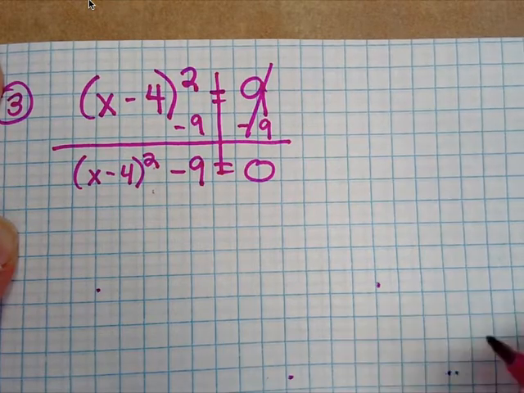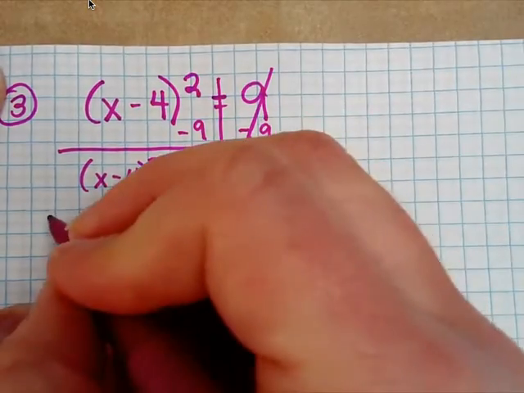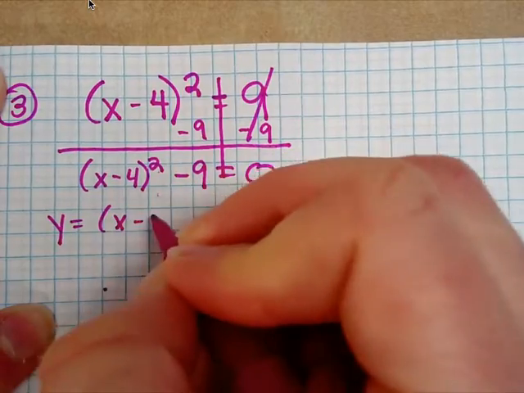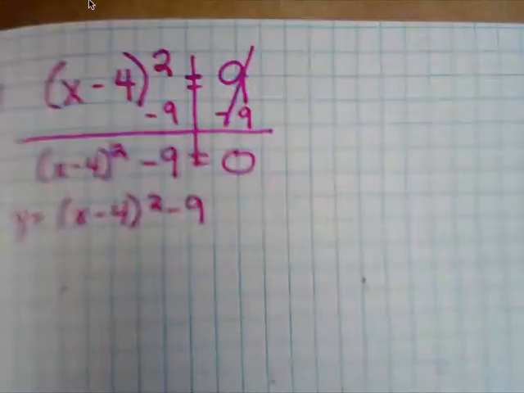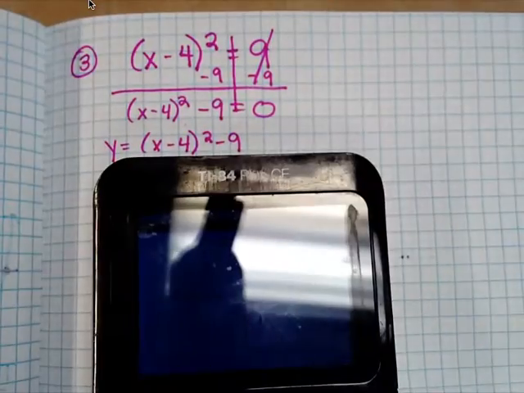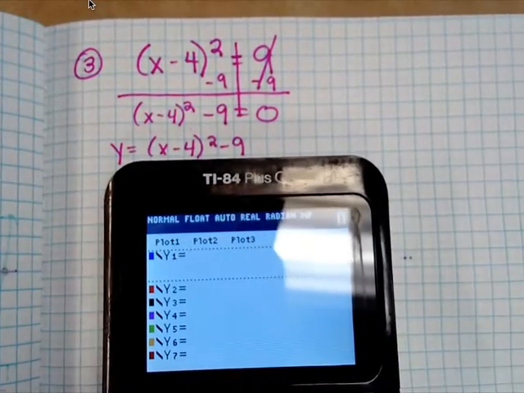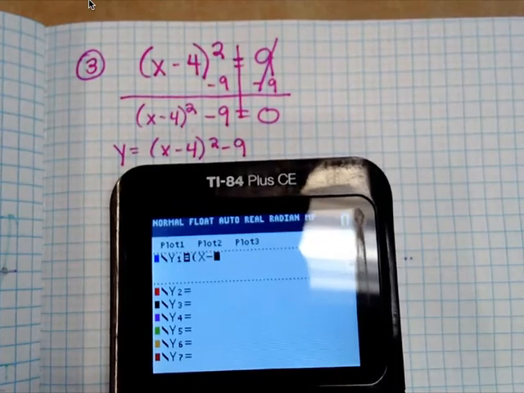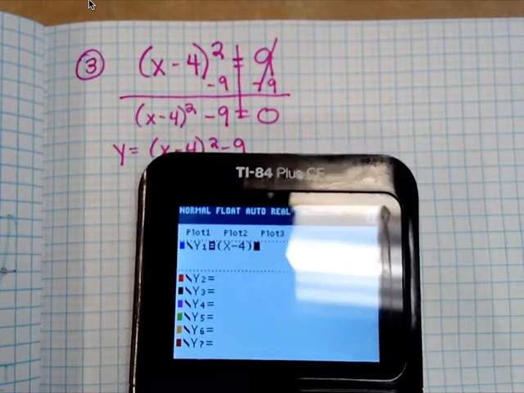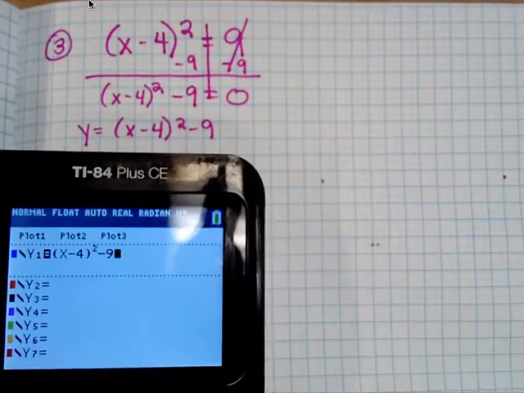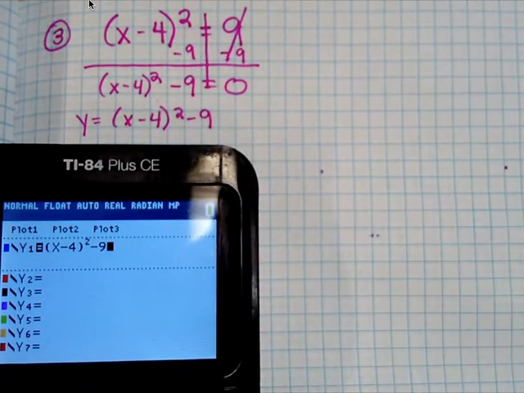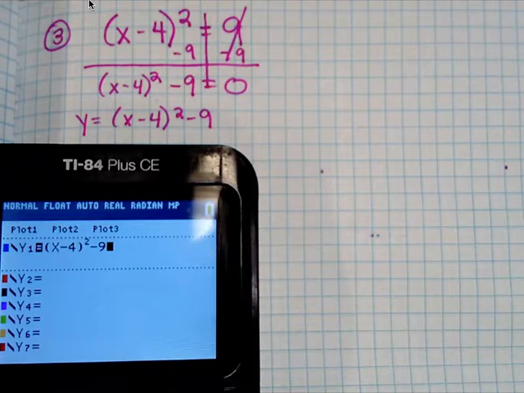And then write it as y equals. Make sure you use minus and not negative on these. It changes it if you do that.